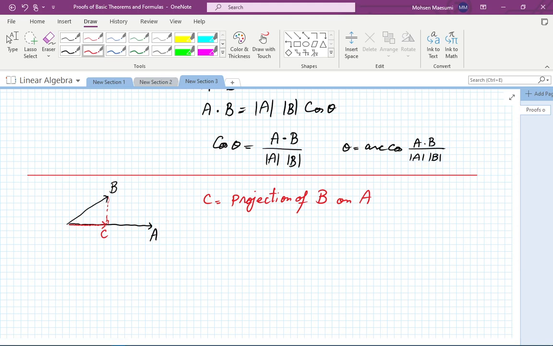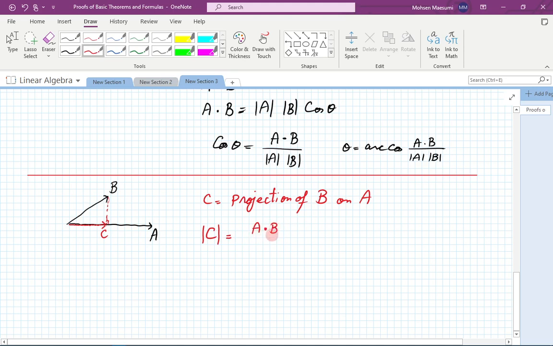For the length of C, let me just write down a formula that wasn't in the lecture, but you can easily extract it from the formula we did have over there. How long is C? Well, very simple idea. Take A and B and dot them.